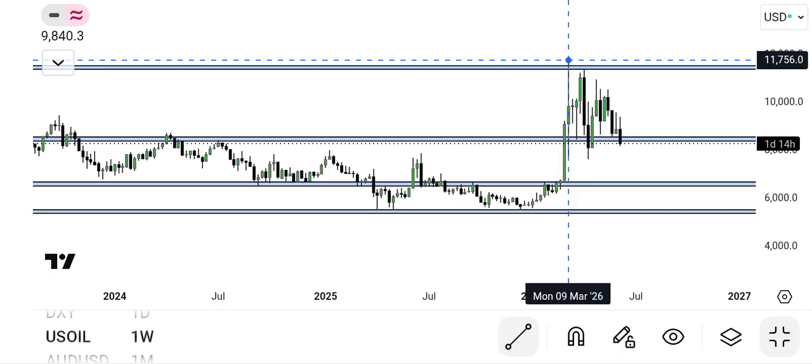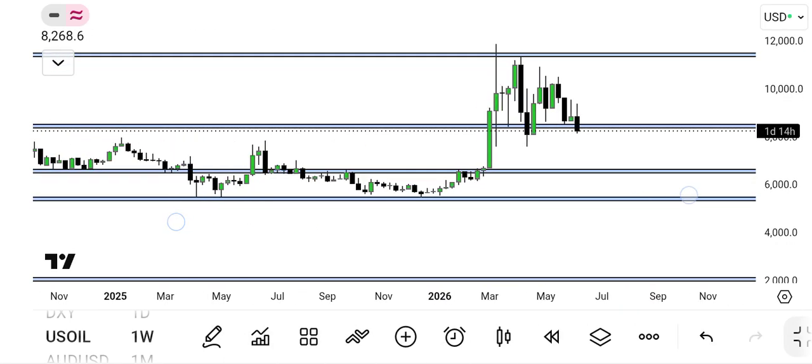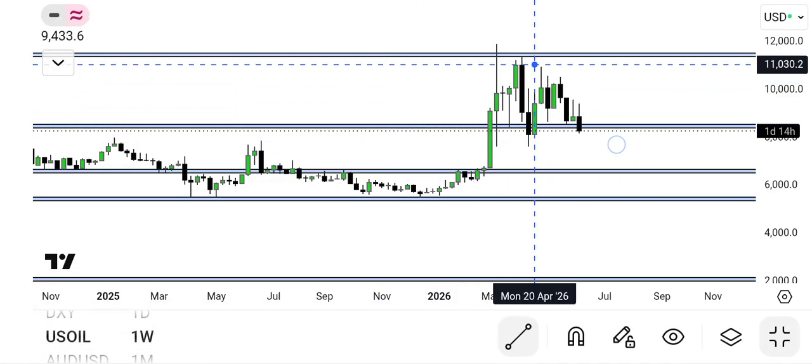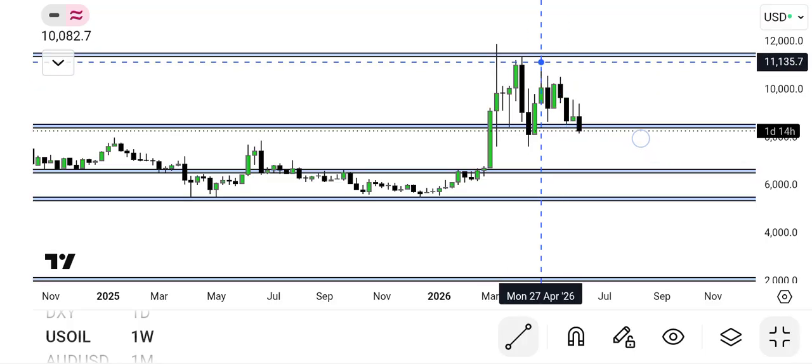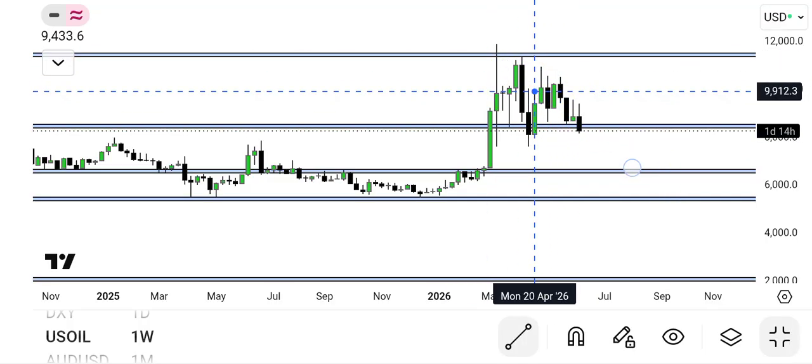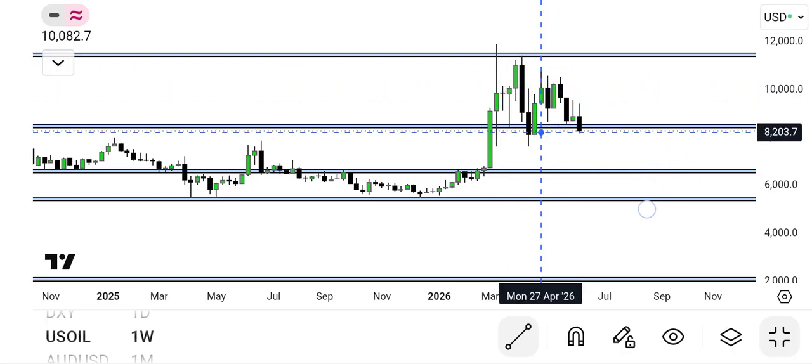So this can be signified as a double top. Am I clear? But we verify that this is a double top if this neckline is broken.